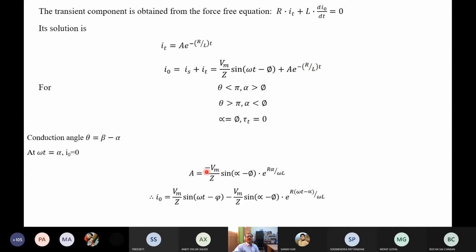So we'll get A is equal to minus Vm by Z sine alpha minus phi, e to the power alpha by omega L. The solution becomes I naught is equal to this. Put the value of A here. From the initial condition, find A. See the initial condition. And so the instantaneous value of current is this.